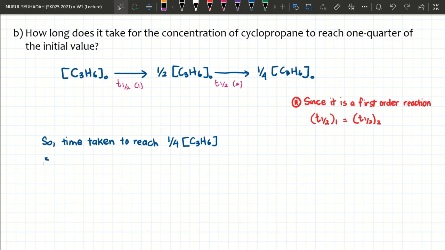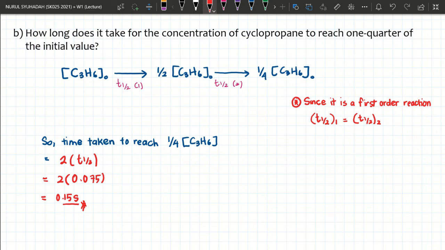So the time taken to reach 1/4 of the initial concentration of cyclopropane will be 2 half-lives. The value of half-life we already got from part A, so just substitute the value. 2 times 0.075, we get the answer as 0.15 second.